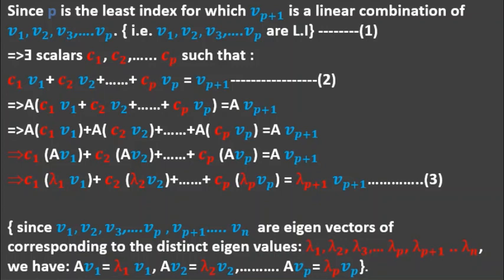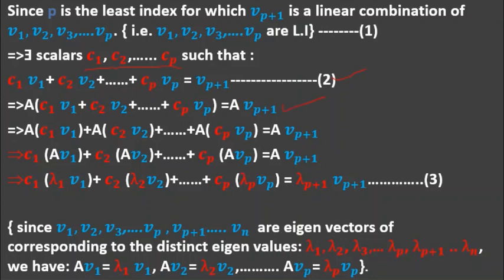Now we have that Vp plus 1 is a linear combination of its preceding vectors, which implies there exist scalars C1, C2, C3 and so on Cp such that Vp plus 1 is equal to C1 V1 plus C2 V2 plus and so on plus Cp Vp. Let us take it as equation 2. Now multiply both sides with matrix A. Then on the LHS we have A into Vp plus 1.